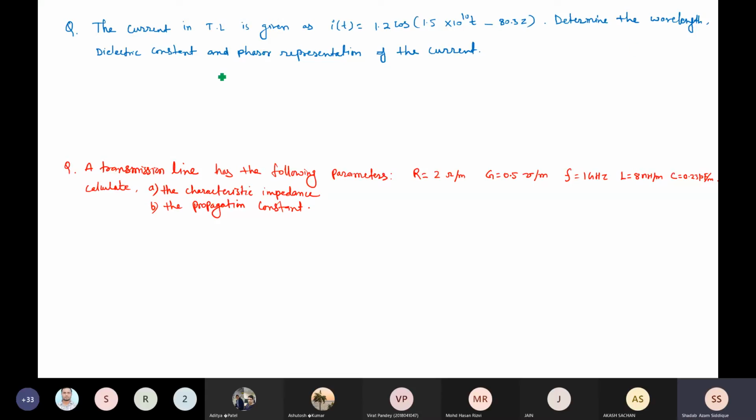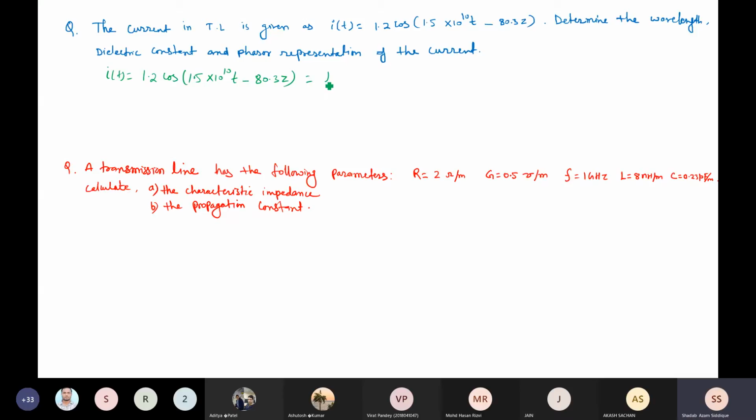Determine the wavelength, the dielectric constant, and the phasor representation of the current. So this is the current which is given here.